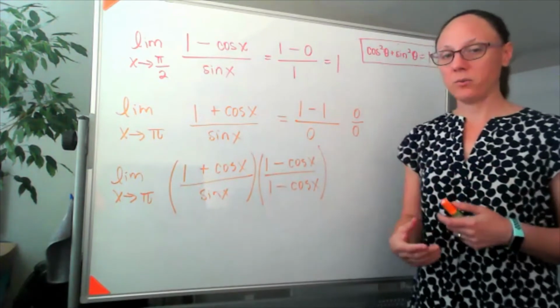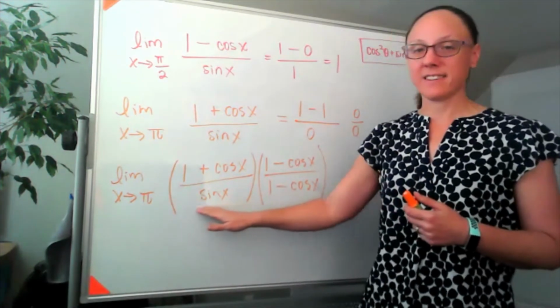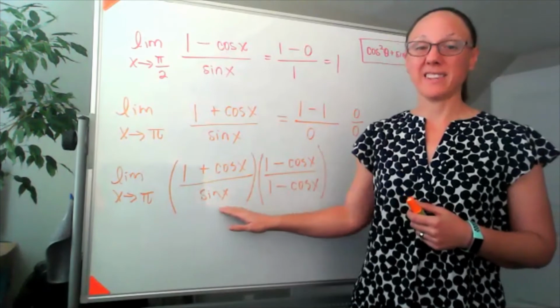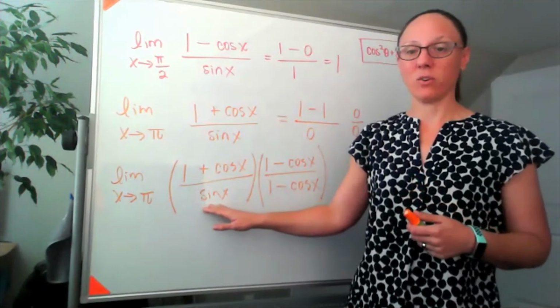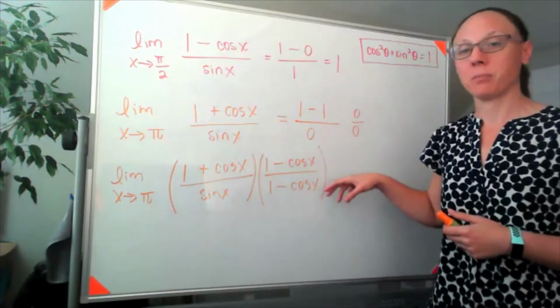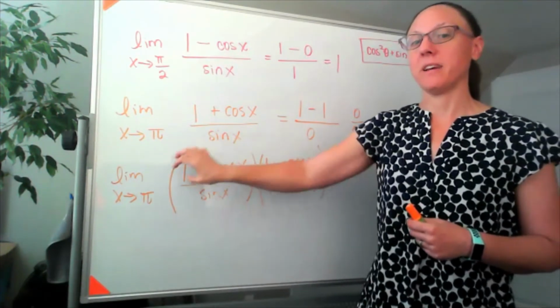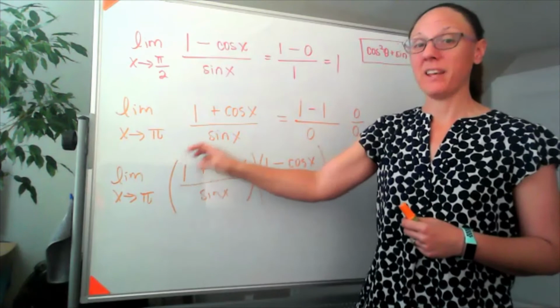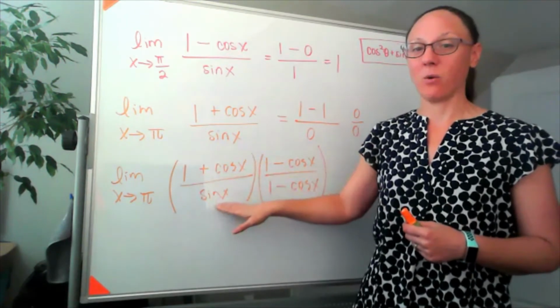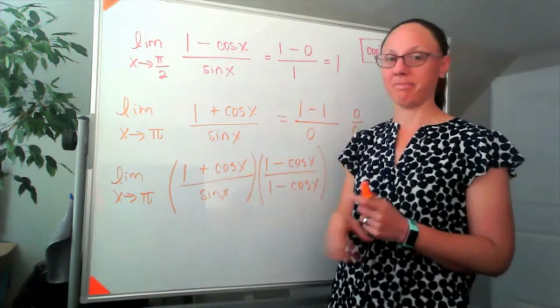That's how I know that I want this sine of x term to cancel out. So whatever I'm going to do to manipulate this, I have to try to change the top, because I need to make the top something that'll cancel out with that sine in the denominator.